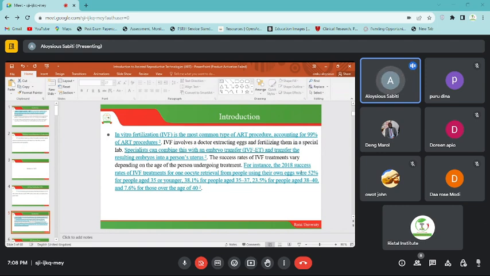And it keeps reducing drastically to 38.1% for people aged 35 to about 37. And then it further reduces for the older age groups, and it is more or less so for those who are aged over 40.